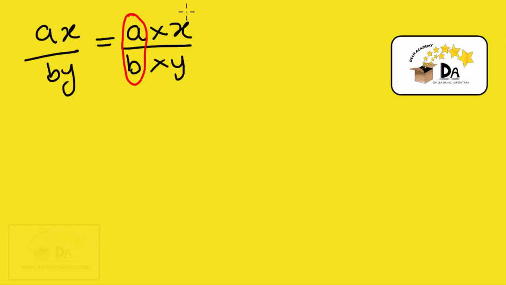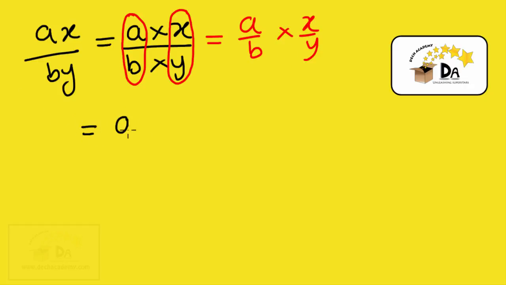And you can also say I can pick this numerator term and this denominator term and form another fraction. And you can express this term as a product of the two fractions we formed. So our first fraction is a over b. Our second fraction is x over y. So that's one way.